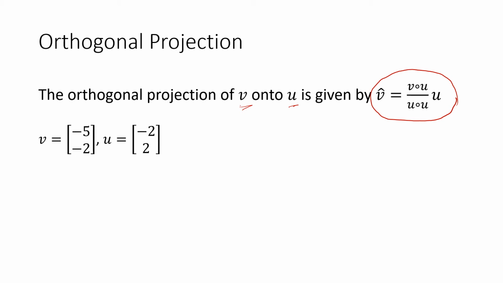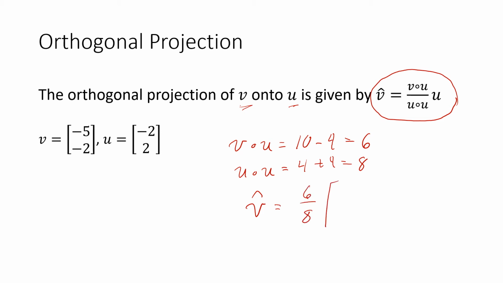So for instance, we have v and u from our previous one. What do we have? V dotted with u, that's equal to 10 minus 4, that's equal to 6. U dotted with itself is 4 plus 4, which is equal to 8. So v hat is equal to 6 over 8 times u, minus 2.